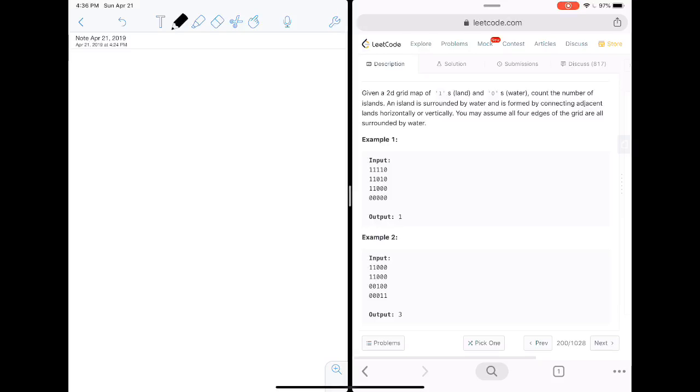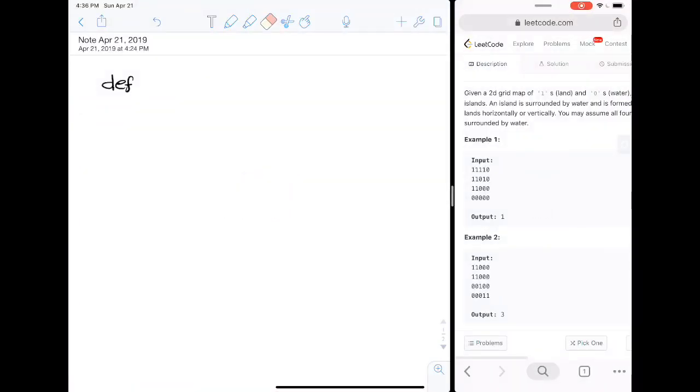Okay, so, oh, this is an interesting trick. Anytime I get the sense that it is a 2D grid graph traversal sort of question, it is always helpful to just write the in-grid function. And I'll talk a little bit about what I mean by that.